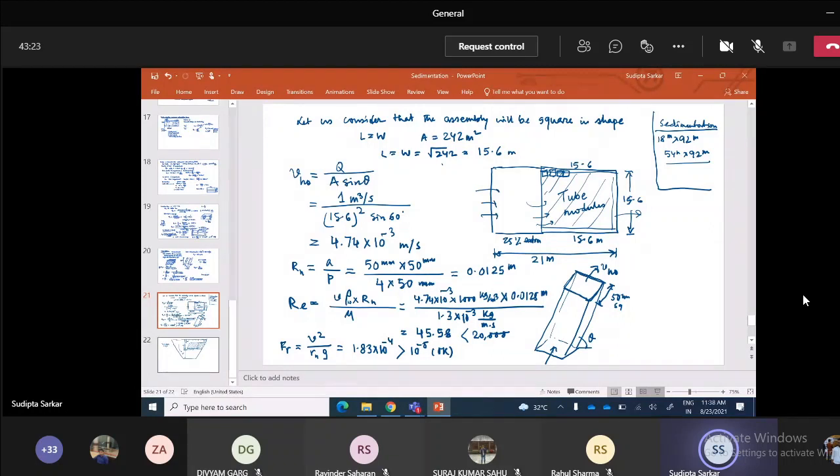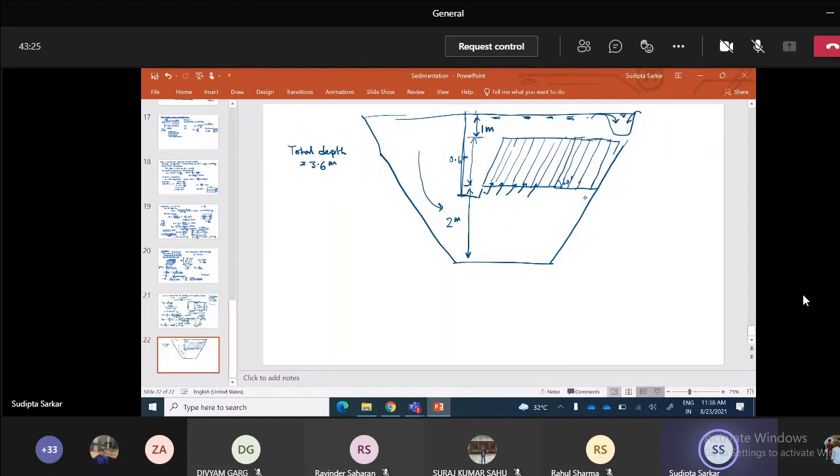Normally what we provide is that the solids coming out here will be taken out from here. You can provide a telescopic device like this.